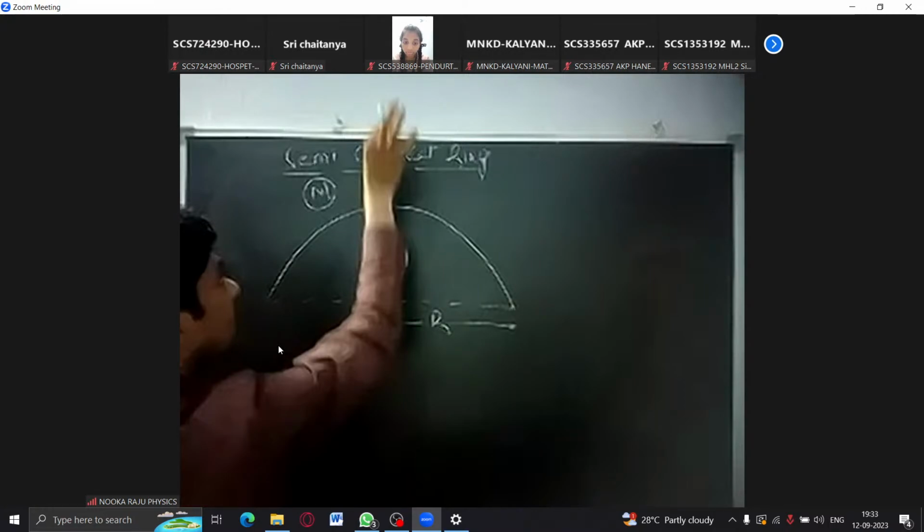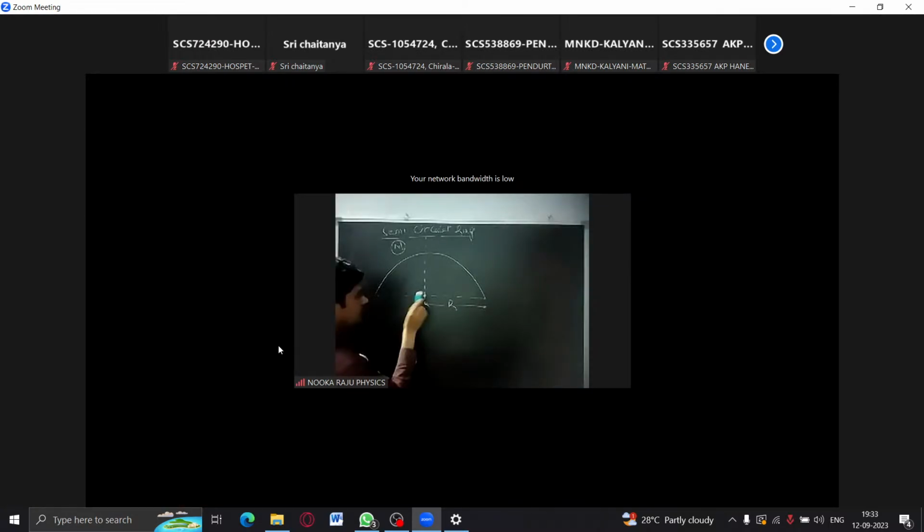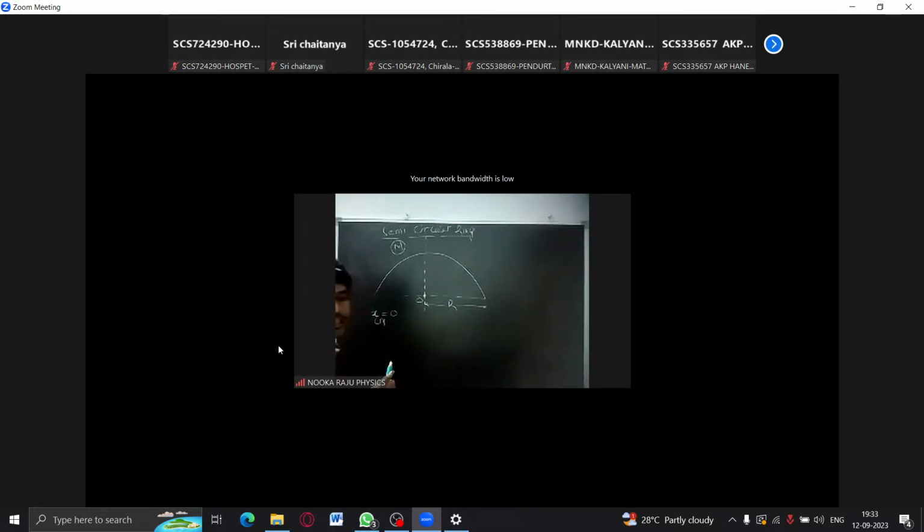Now on the x-axis, if I fix this point, what about the XCM? Students, please respond. XCM must equal 0, because this is a fixed point. Am I right?